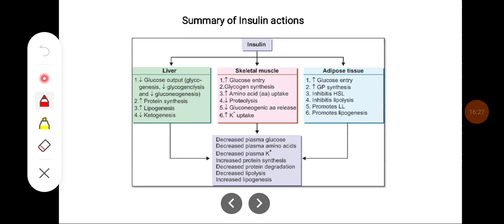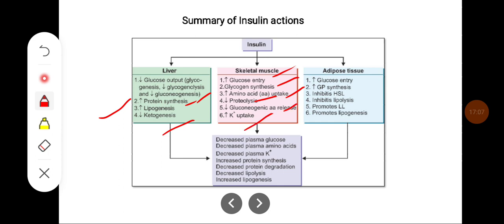So this chart describes the insulin action on the liver. It is going to decrease glucose output, that is, increase glycogenesis, decrease glycogenolysis, and decrease gluconeogenesis. It is going to increase protein synthesis, increase lipogenesis, decrease ketogenesis. In the skeletal muscle, it increases the glucose entry, it increases the glycogen synthesis, it increases amino acid uptake, decreases proteolysis, decreases gluconeogenic amino acid release, it increases the potassium uptake.